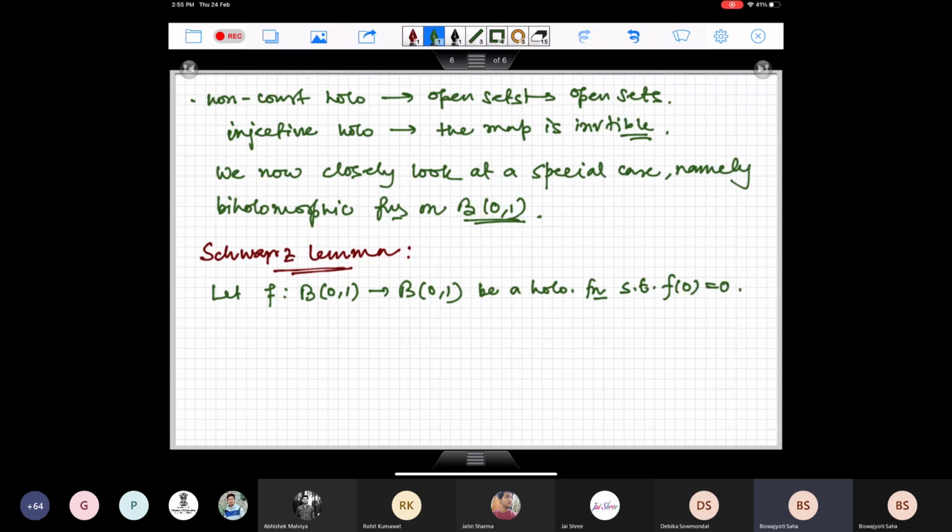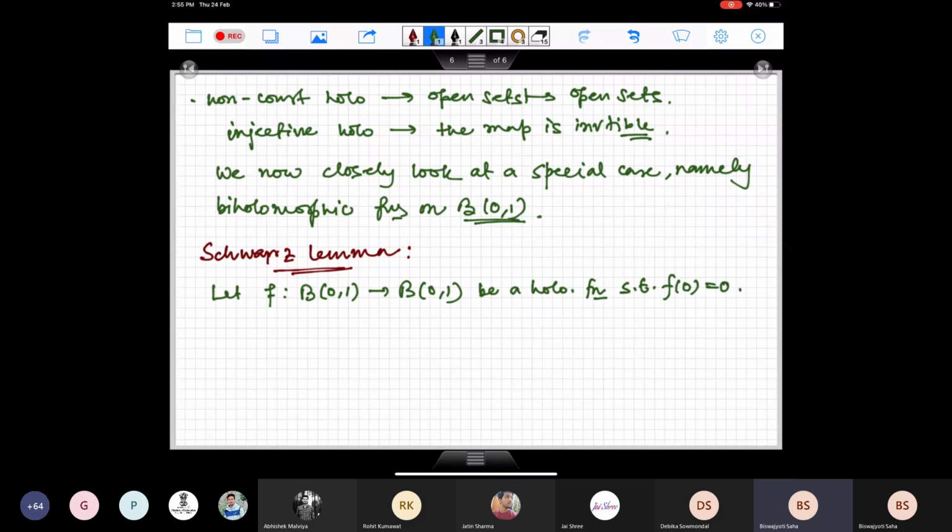Of course, I really needed to assume this because my main intention is to eventually take a function which is going to be biholomorphic from B01 to B01.